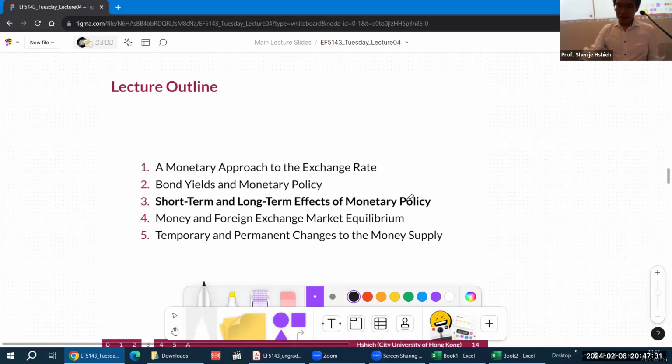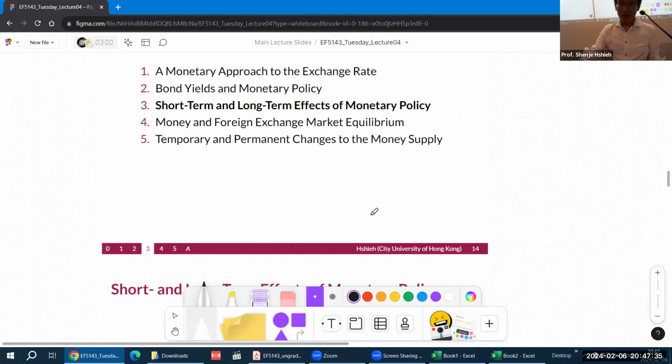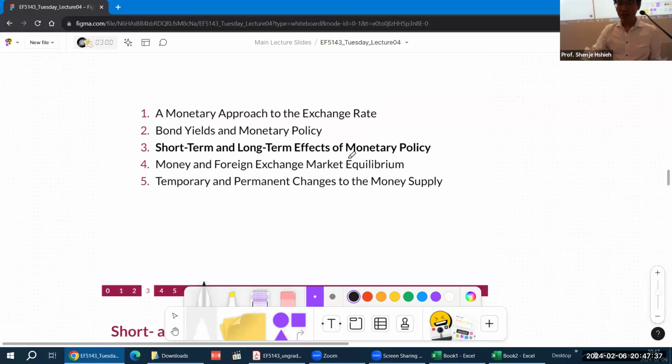We looked at changes in Y, and now our next step is to look at changes in MS. Monetary policy, to keep things as simple as possible, is how changes in a central bank's money supply and balance sheet impact R. And today we want to know how that change in R will have an impact on E.